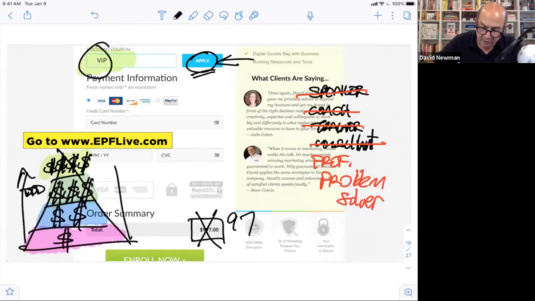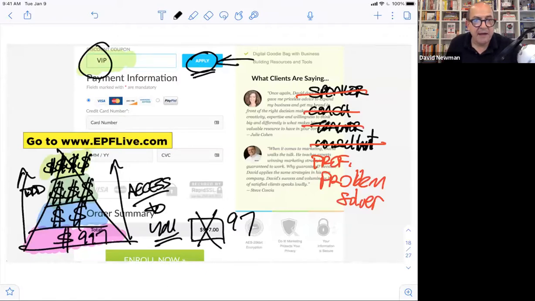And it's also increasing levels of access to you. So down here, this might be a digital course. Let's call this $997, right? No access to you, no access to me. They get the course. The course is awesome. Holy smokes, that's fantastic. Let's say you have a mentoring program that's built around the course. That mentoring program is $7,500. I'm sorry, you can't see over the writing here, but I put $7,500 in there.